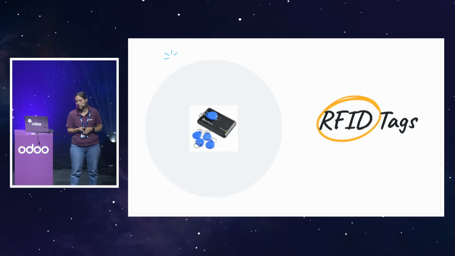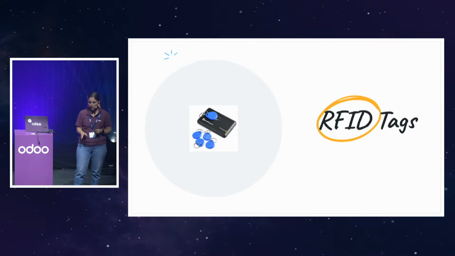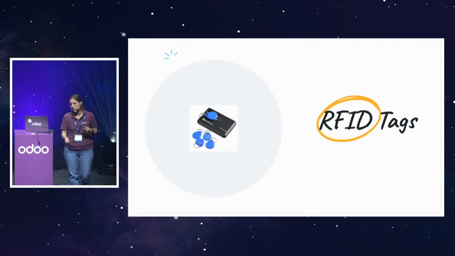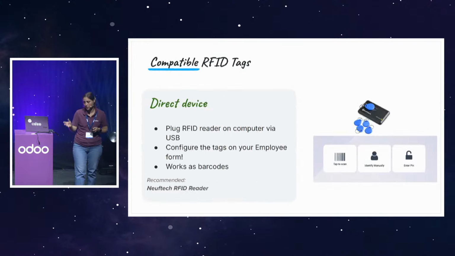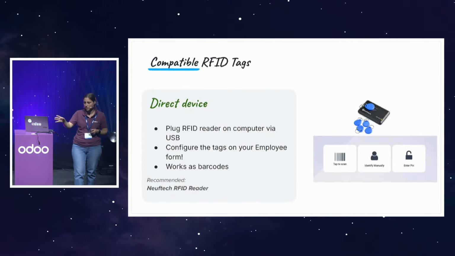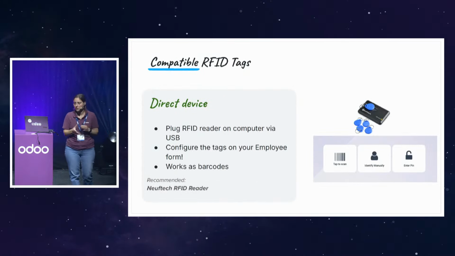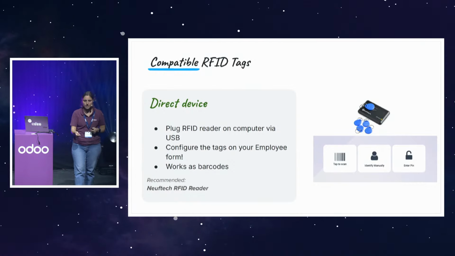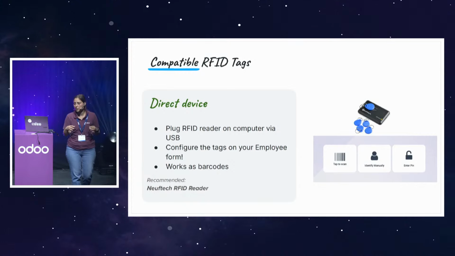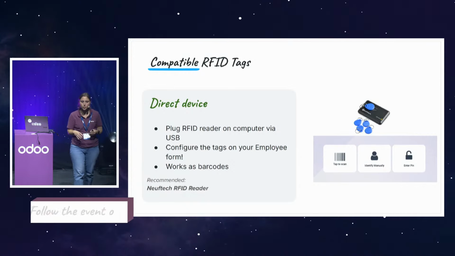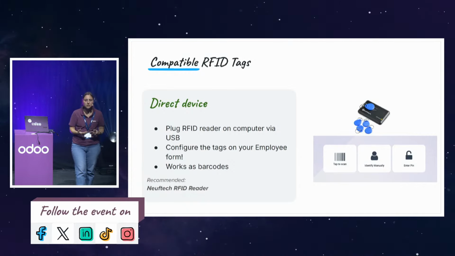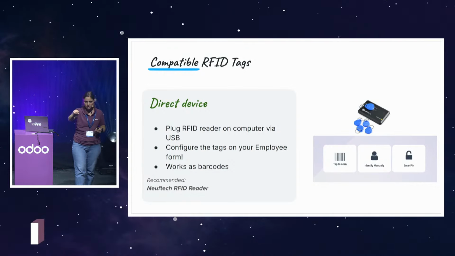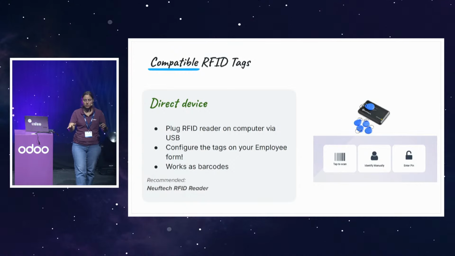Then we have RFID tags. Those are quite handy when you work with a lot of cashiers that switch a lot during shifts. It's a direct device, so no IoT required here. You can buy these RFID tags. Each has a code on it that you can scan. By configuring those tags on your employee form, instead of entering a PIN code each time, employees can just select their name, scan the RFID tag, and log into the point of sale.